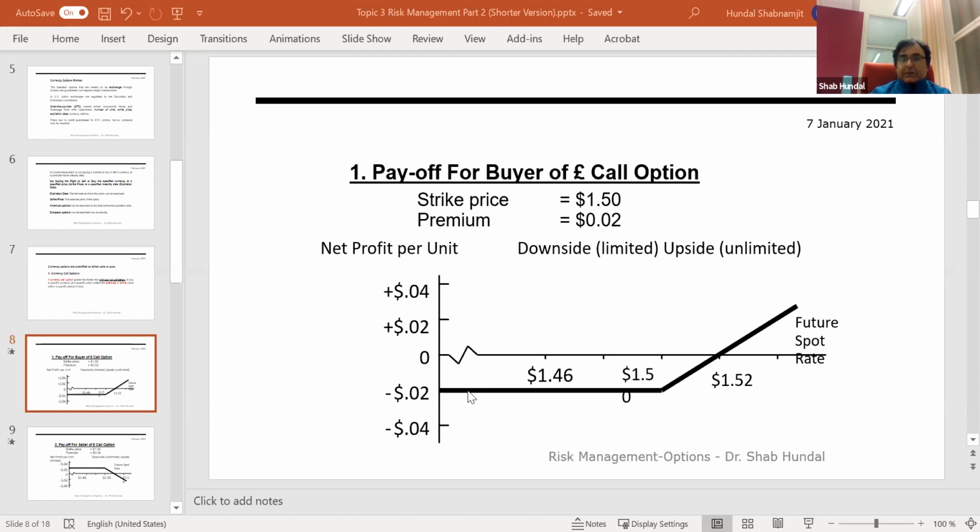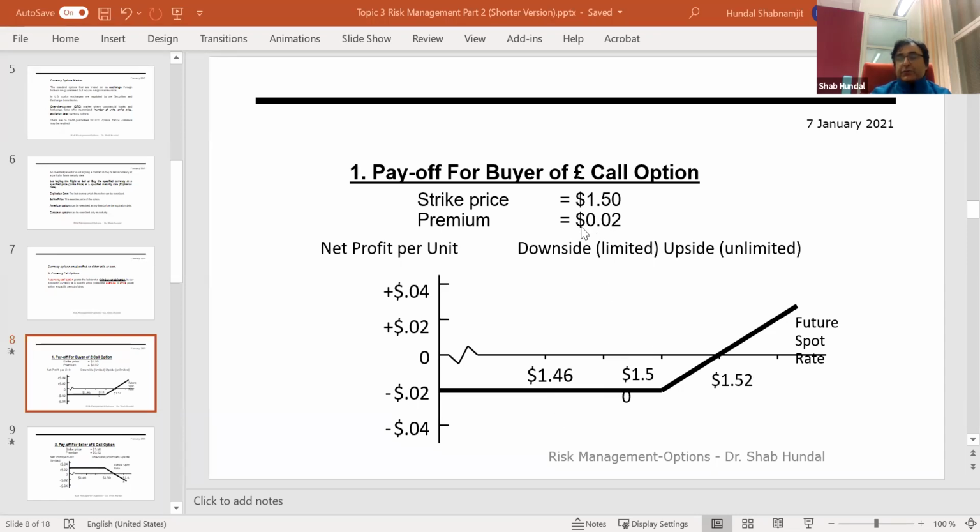Isn't it good that whatever the price is, when you make a decision not to exercise the option, you have a maximum loss of 2 cents, not more than that? It means that you know for sure how much you can lose at the most. So your loss is limited. Your loss is not unlimited.